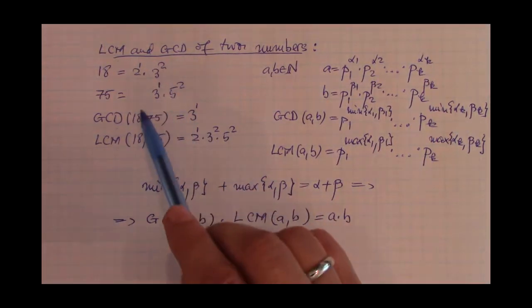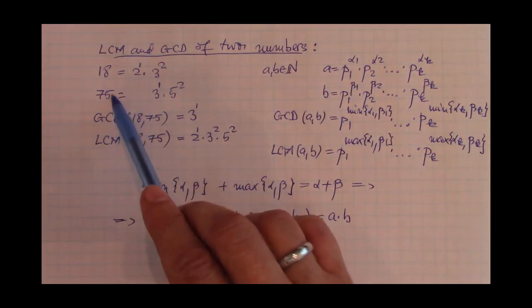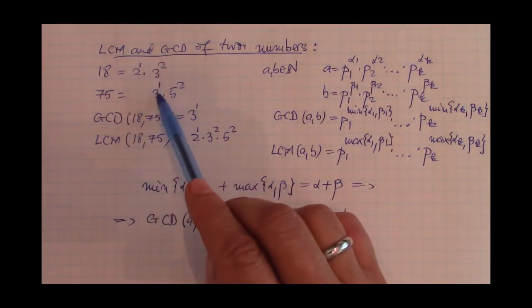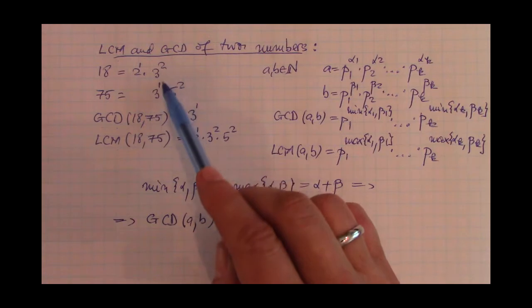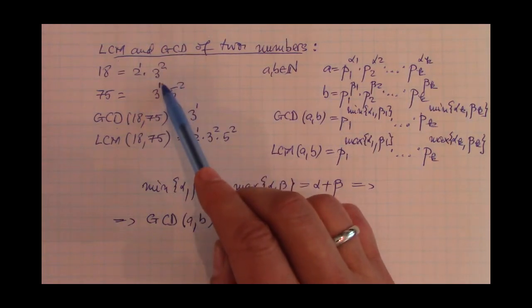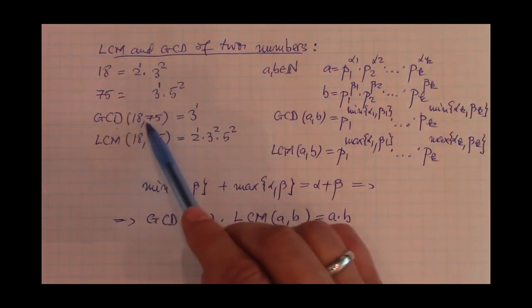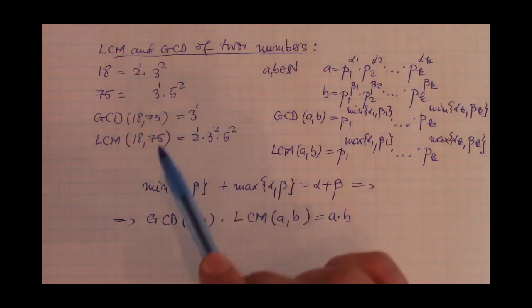So when we look at 18 and 75, the only common prime factor is 3, and the lowest power between 2 and 1 is 1, so the GCD of 18 and 75 is just 3 to the power of 1.